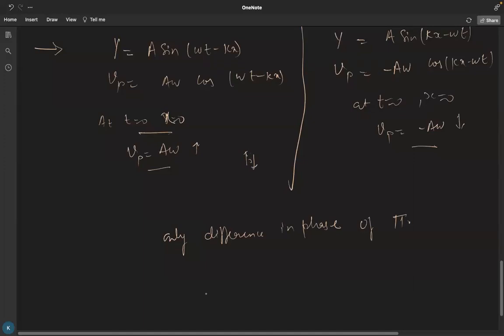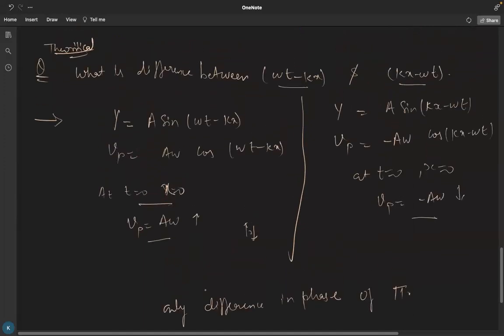I hope this is easy to understand. This is an easy concept. You just have to remember what omega t minus kx and kx minus omega t are. So this question we did, there is just a difference in phase.